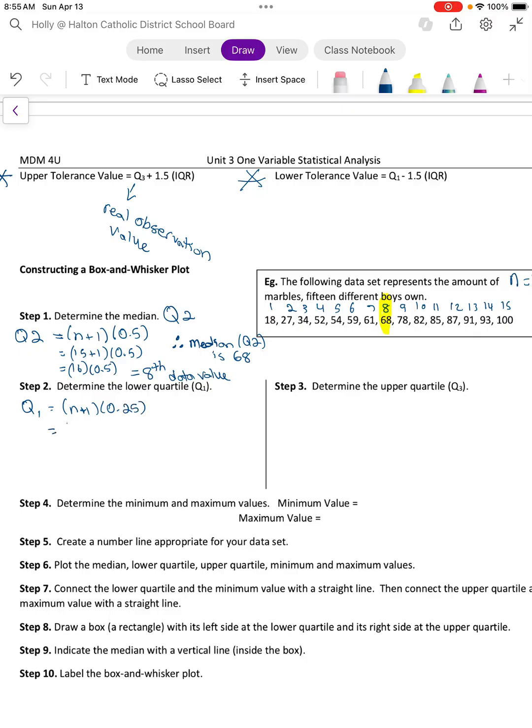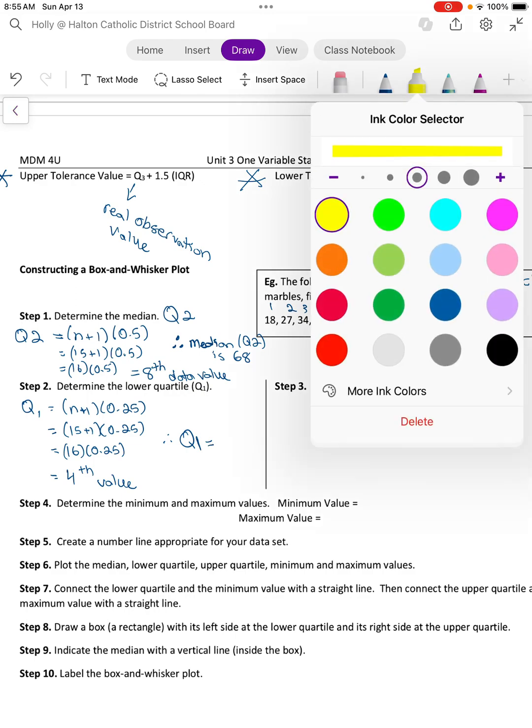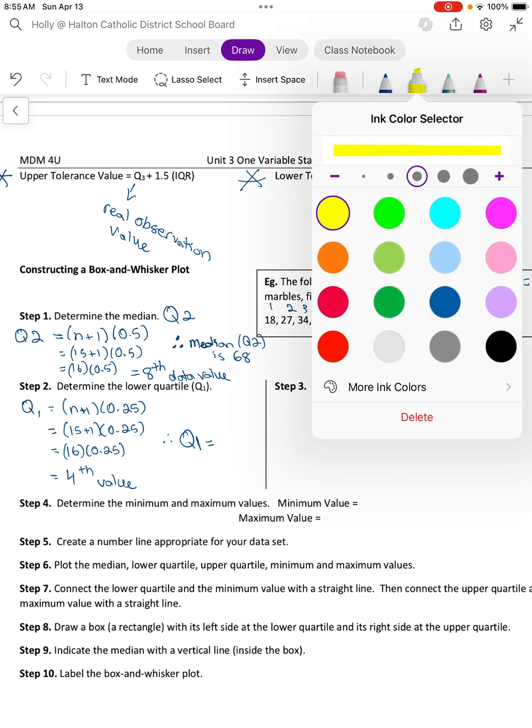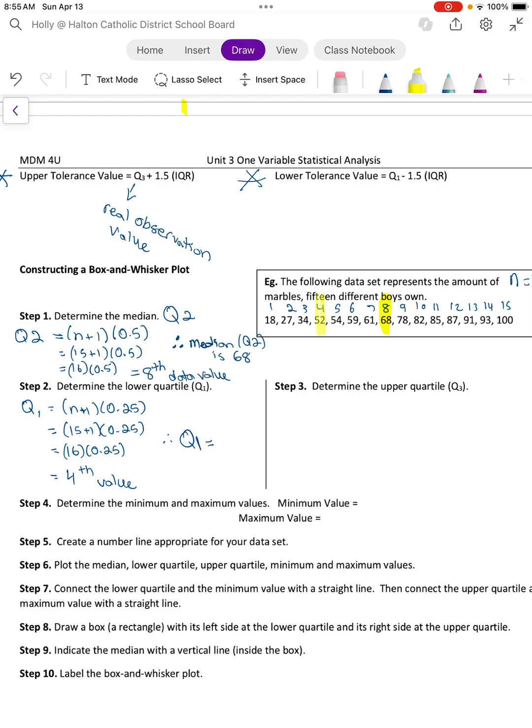So again, n is still 15 plus 1 times 0.25, 16 times 0.25, and that gives me 4. So that's the fourth value. That would be Q1. So the fourth value is Q1, which is 52.